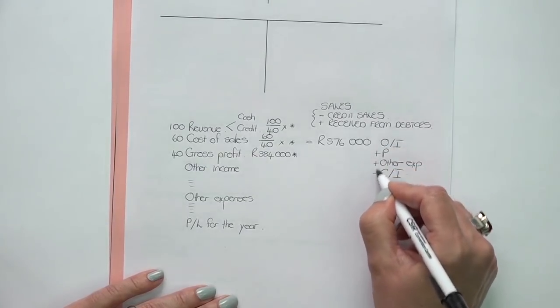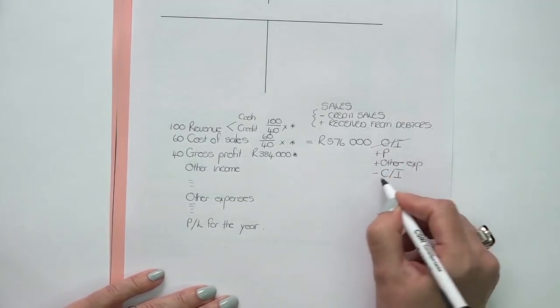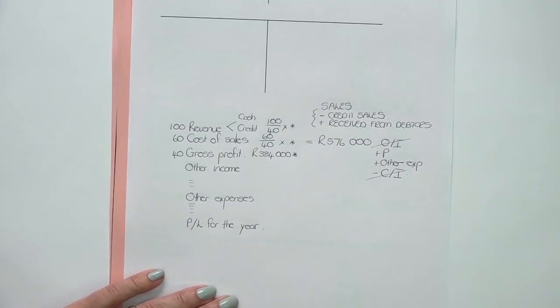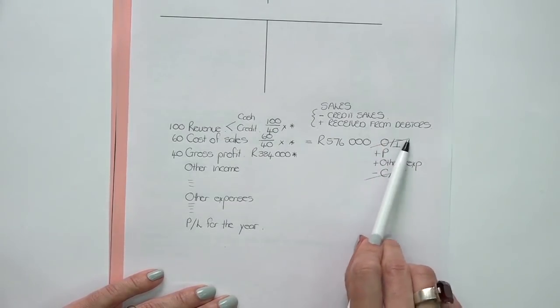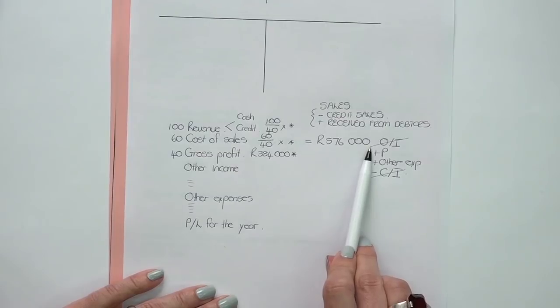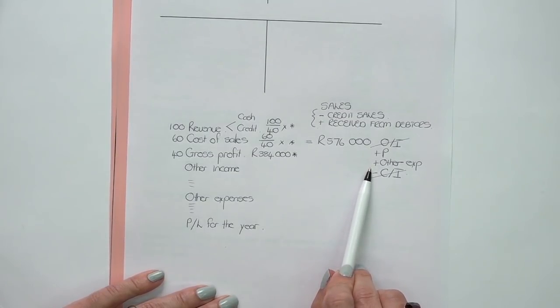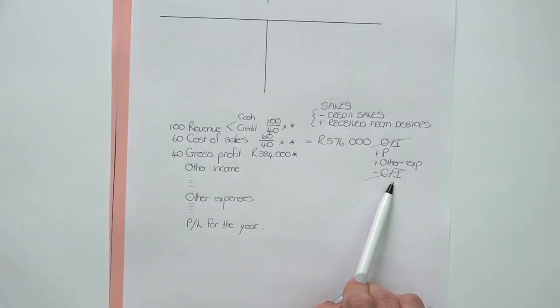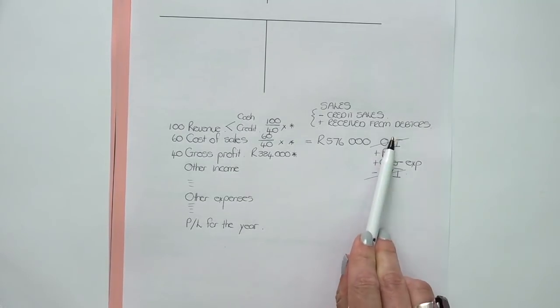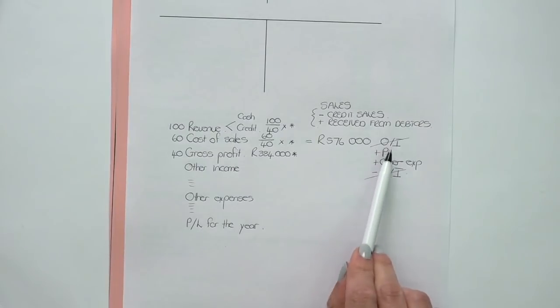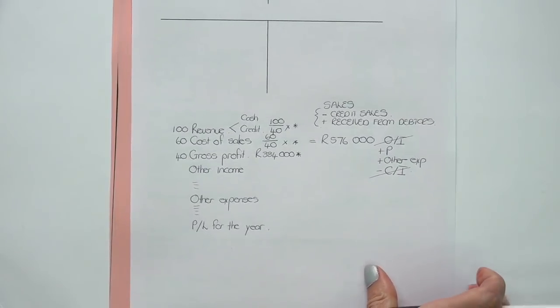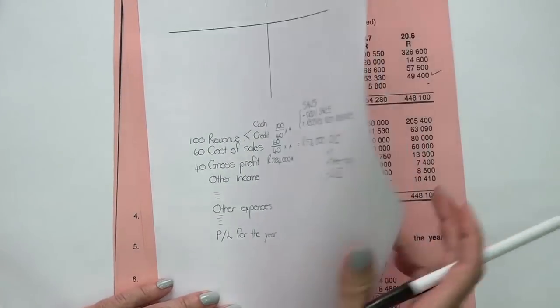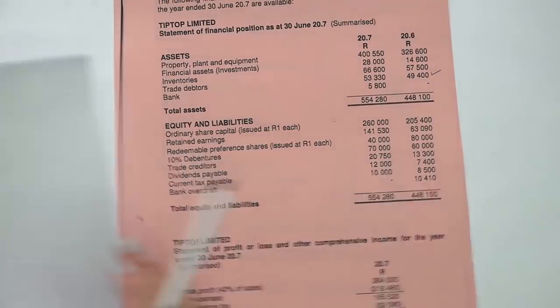So if you look at this calculation, I want to take out the opening and the closing inventory so that I can be left with my purchases. To be able to do that, we're going to draw up an inventory account. Opening and closing inventory balances are included in an inventory account. So we start by reconstructing our inventory account.